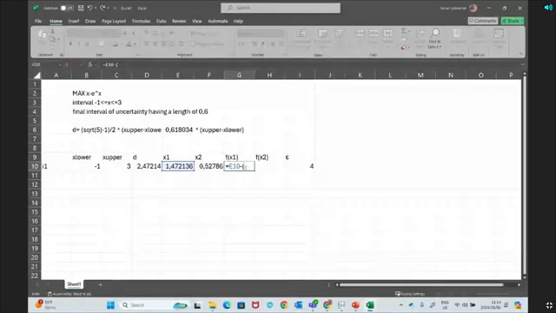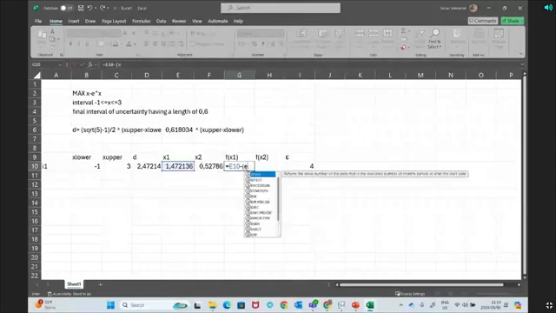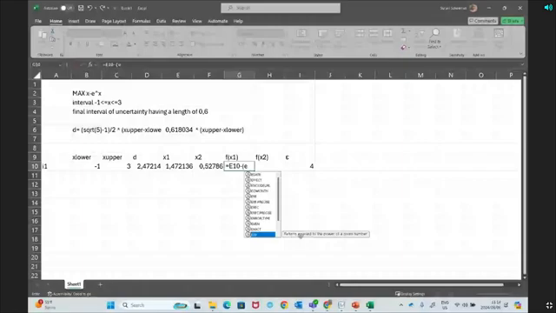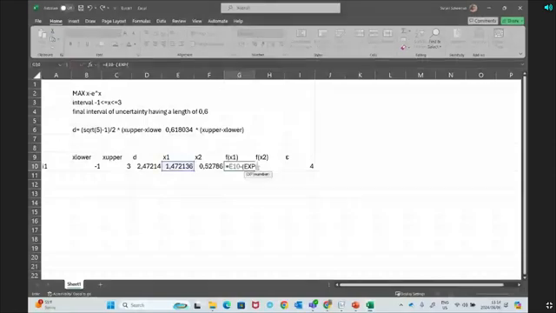That would be the Euler value, so e or the exponential function, which returns e raised to the power of a given number. What's the number? x. So I select x1, and then I can close my brackets.